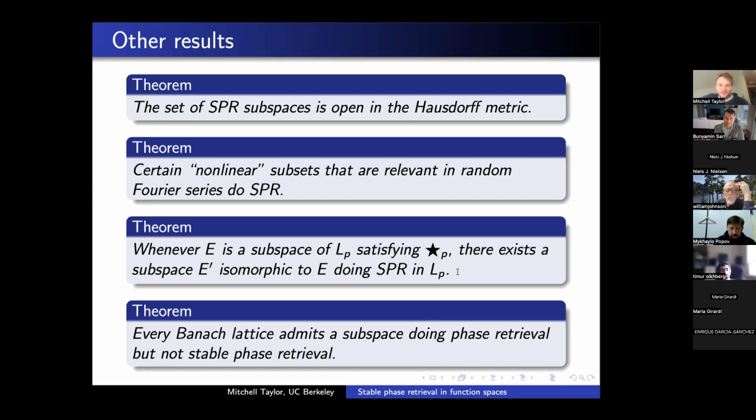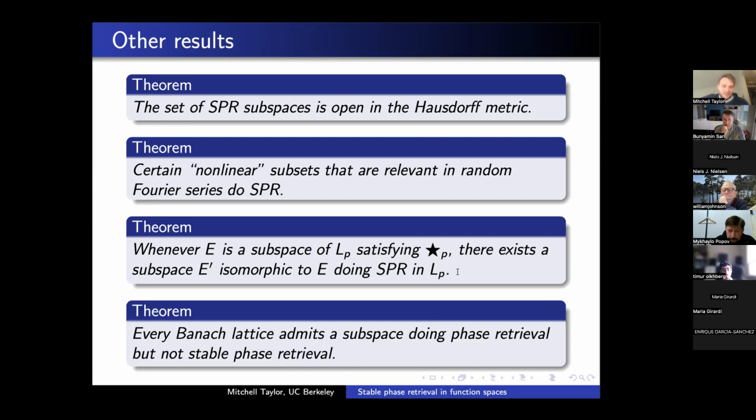You can restate it if you want, but I was asking about isometries because they preserve disjointness. Right. So isometries are helpful to us in the real scalar case. In the complex case, there is trouble, but existence of SPR subspaces can be deduced from the almost disjoint pair characterization, and then just classical results on isometric embeddings into your spaces.